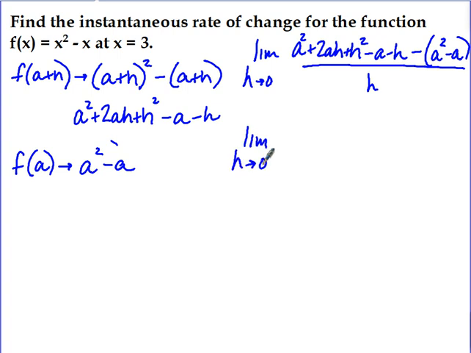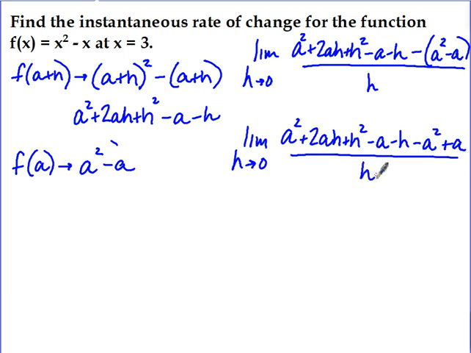Which, for this first part, I'm just distributing my negative. Okay, and now I can see my a squareds subtract away, and my a's subtract away. That's what I'm going to cross out. I'm going to uncross them again so you can see what I'm doing, but all those a's are going to cancel out. So I'm left with 2ah plus h squared minus h all over h.